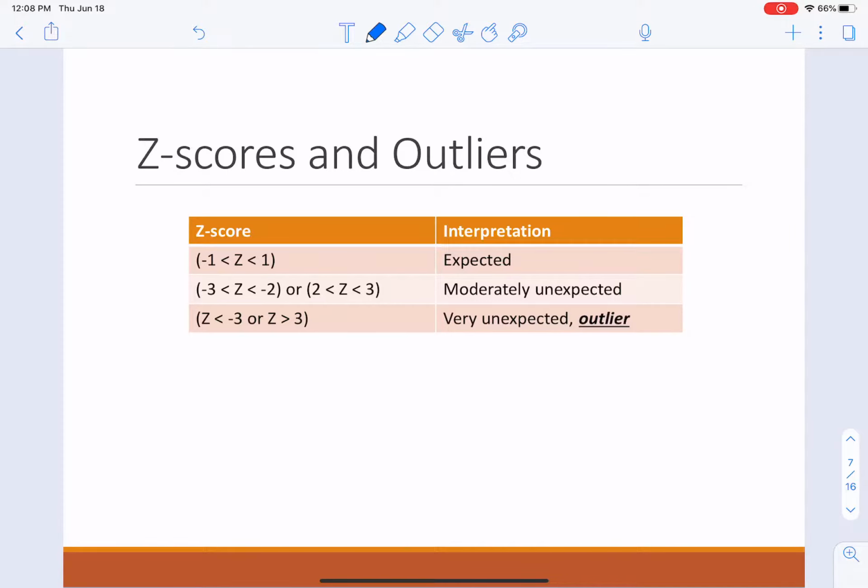It makes sense that the data point or data points lie within that range. And then once you get between -3 and -2, or 2 and 3, those are unexpected, but it's not of any concern, right? Moderately unexpected, but not totally out there, right?